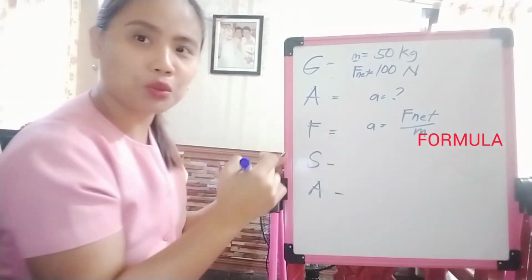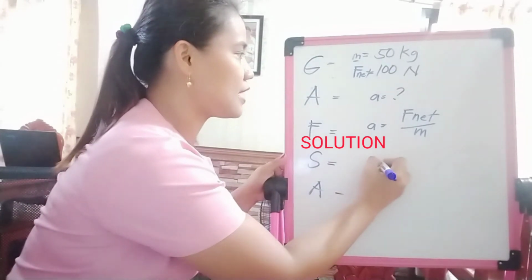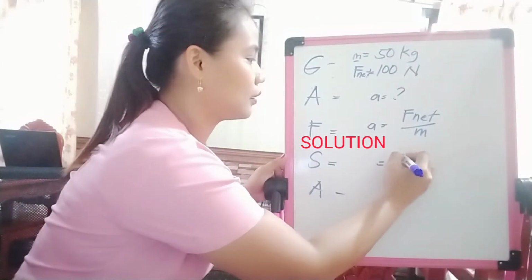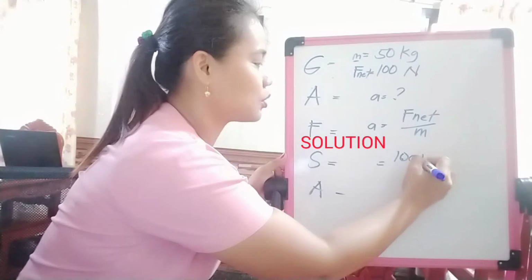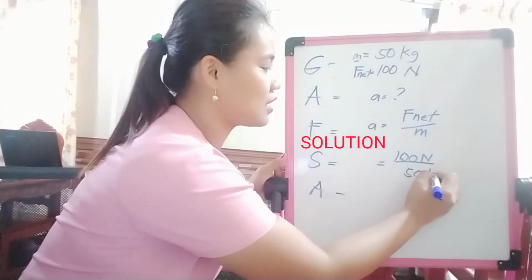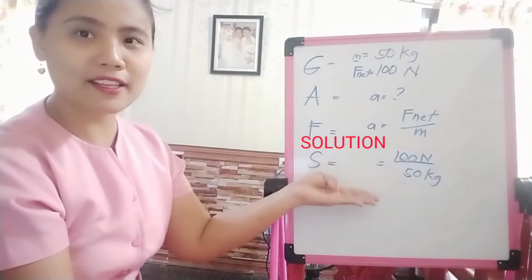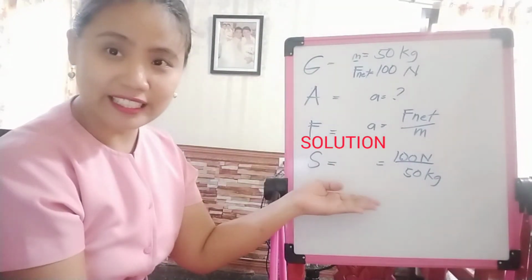Let's substitute the formula with the given. Acceleration is equal to 100 Newton divided by 50 kilogram. 100 divided by 50, easy.